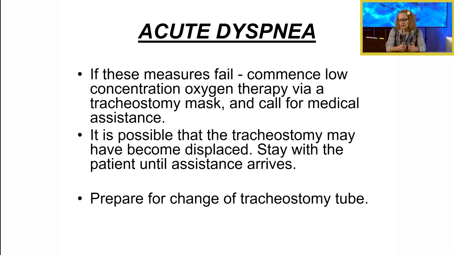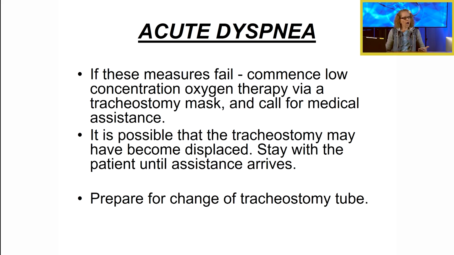If these measures fail, right, so you've tried cleaning out the inner cannula, you've attempted trach suctioning, and you're still having problems with the patient's oxygenation status, you're going to want to commence low concentration oxygen therapy via a tracheostomy mask. And you're going to want to call for help, right?